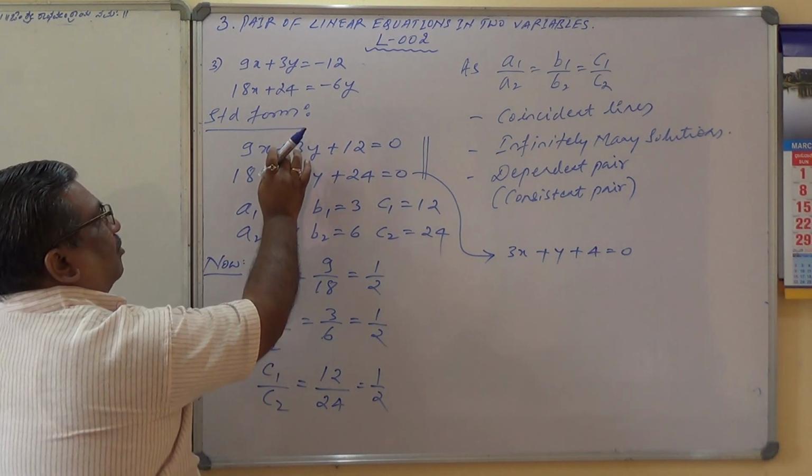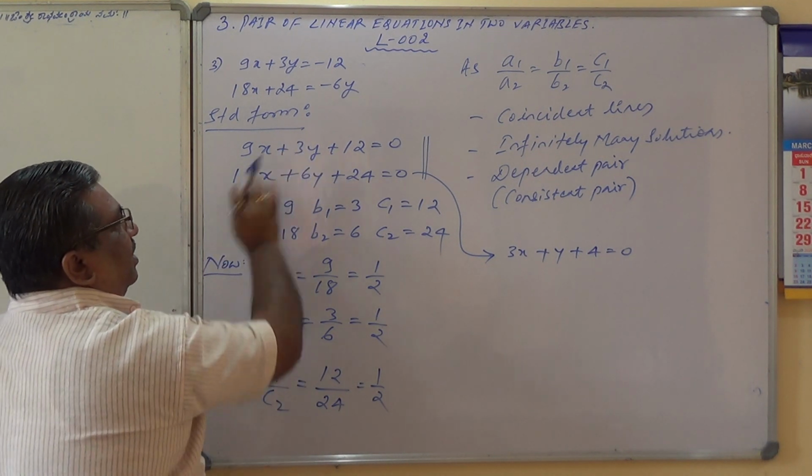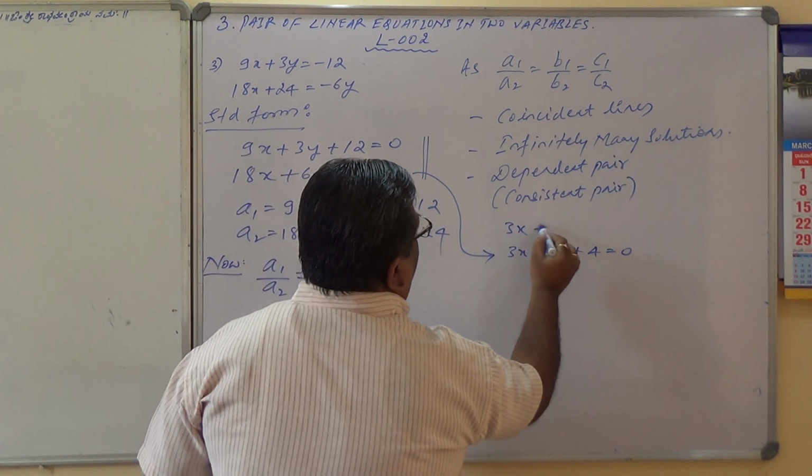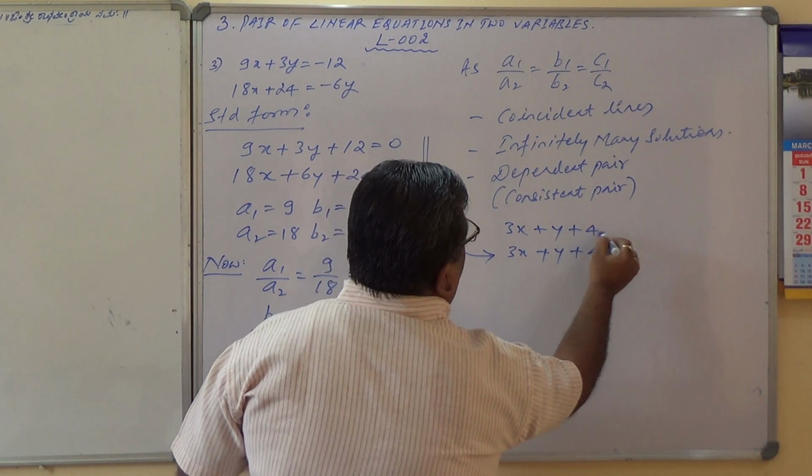Equally, if I take a common factor over here, 3 is common, which gives 3x plus y plus 4 equals 0.